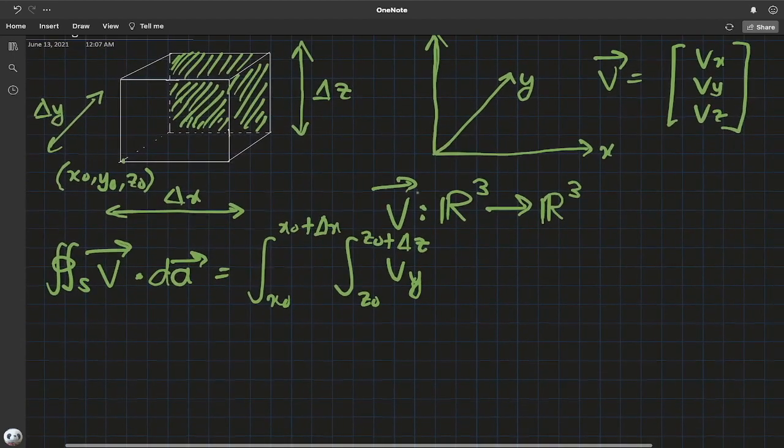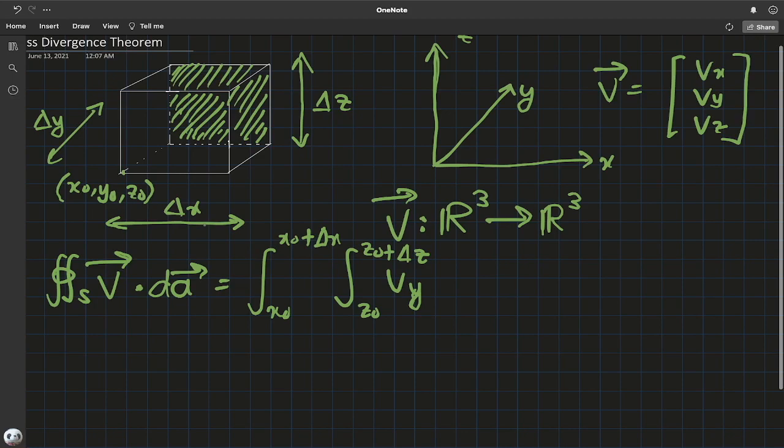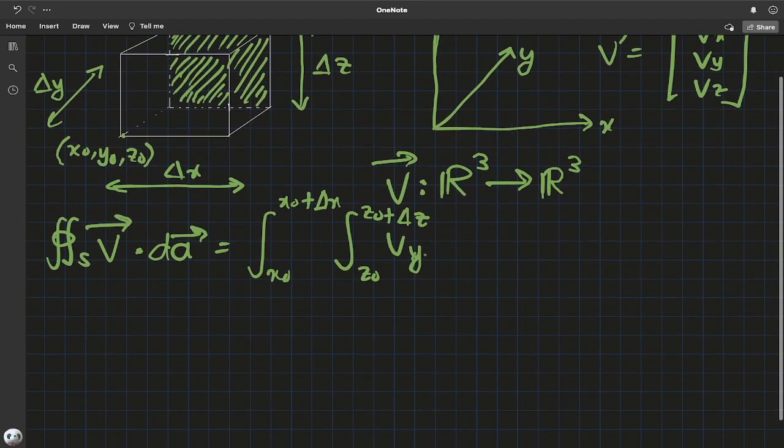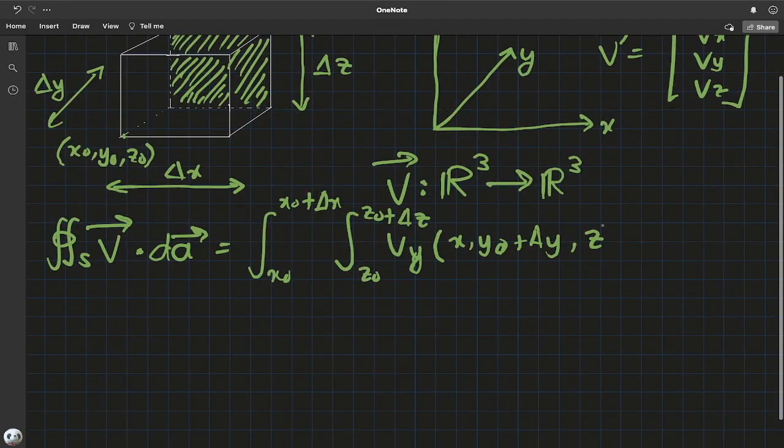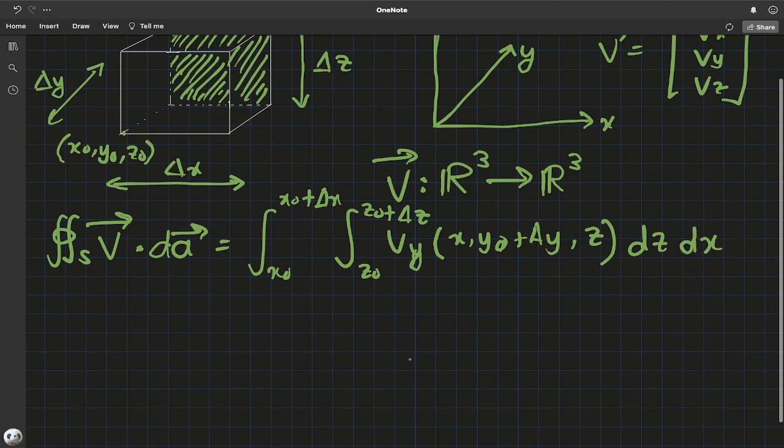If you do a dot product of the area vector pointing in the y direction with this vector field, you're going to get the y component of the vector field, so vy, evaluated for the face that's behind at x, y0 plus delta y in the y place, and z. We keep x and z as they are because they are the variables of integration. Notice this factor.